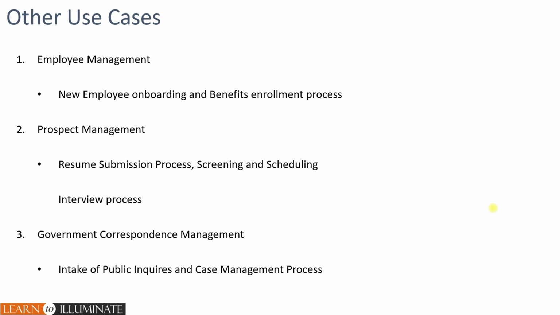The second example is prospect management, like a consulting or body shopping company. Generally they get a resource request or requirement from another organization, like they need 2 .NET developers or 1 BA. Now this consulting company will reach out to many candidates, get resumes shortlisted, do the interview process, and finalize the candidate.